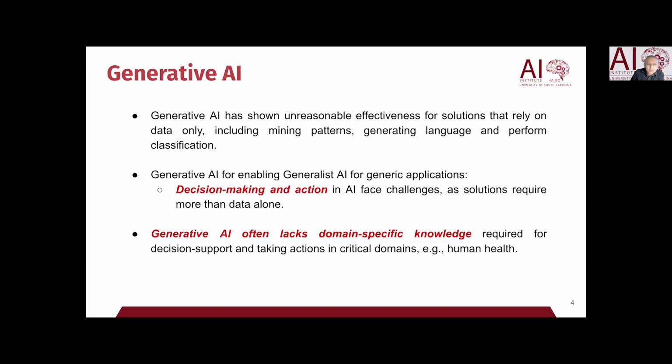Generative AI does fine for generic applications. But when you go to applications that require decision making and taking an action, instructing the patient to do something, or deciding on a diagnosis or treatment plan, then it falls down.